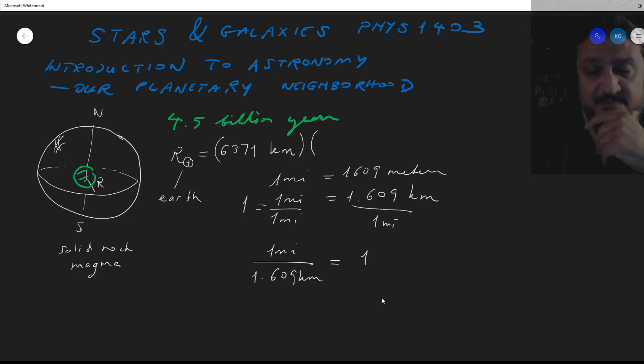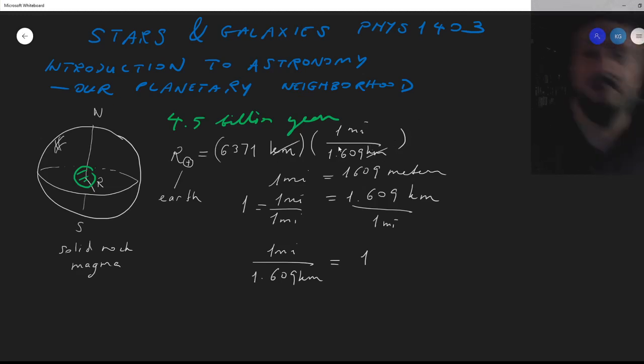Then the right hand side will give you 1. That's another conversion factor. Both are equal to 1. Any number multiplied by 1 is still the same number, right? That's why we're going to place it here: 1 mile divided by 1.609 kilometers, so that the kilometers will go, and then you will have the answer in terms of miles.